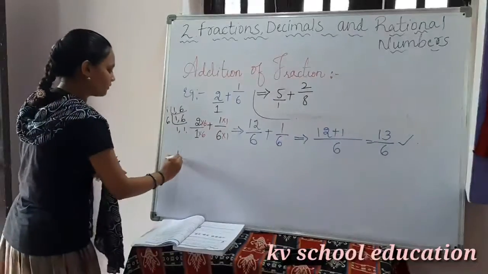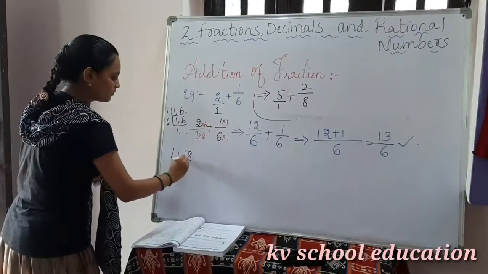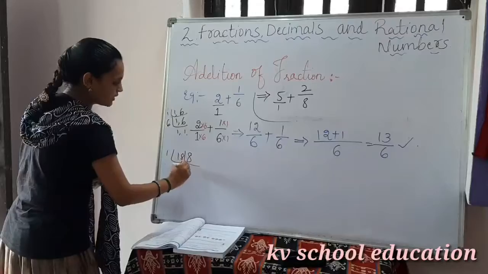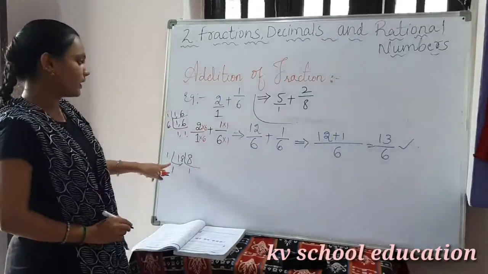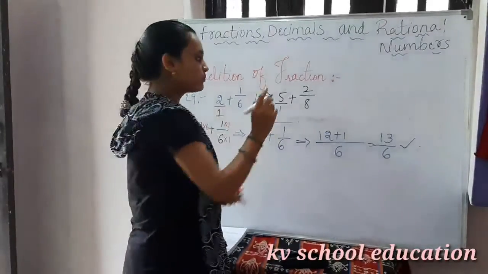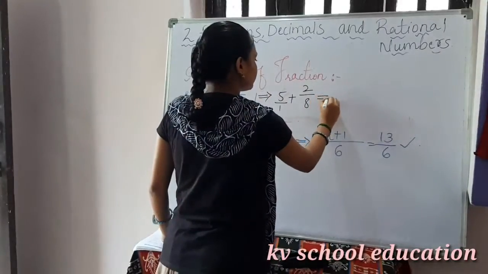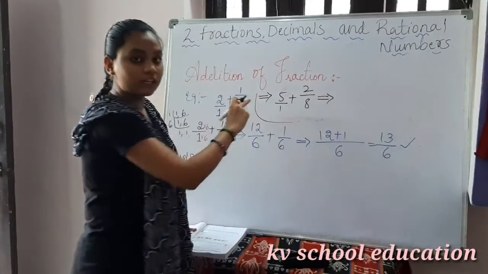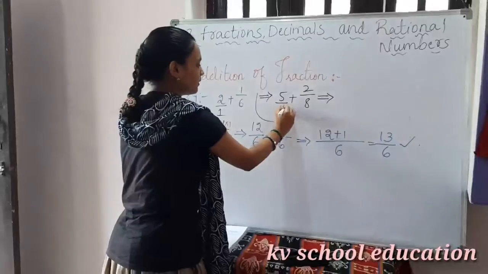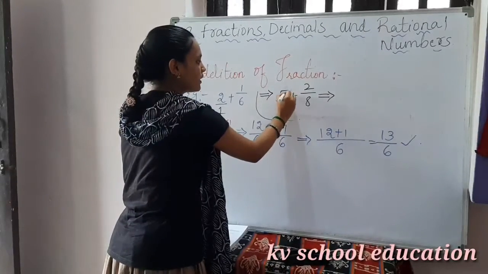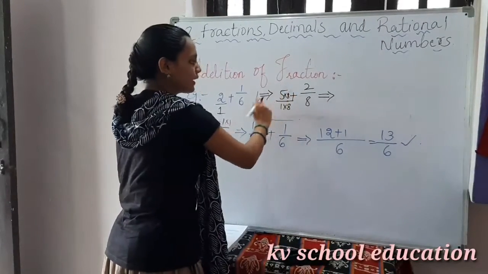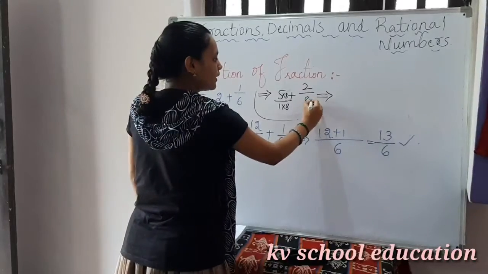We take the LCM of 1 and 8. 1 ones are 1 and 8 ones are 8. The LCM is 8. In the 1 table, we get 8 by multiplying by 8, and the same we should multiply for the numerator. In the 8 table, 8 ones are 8.